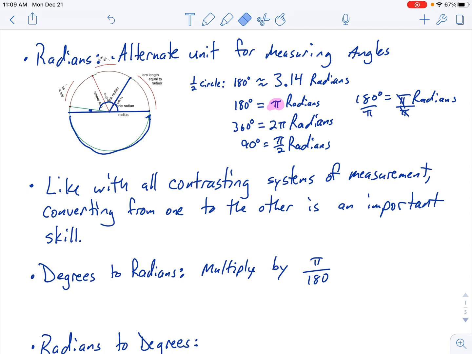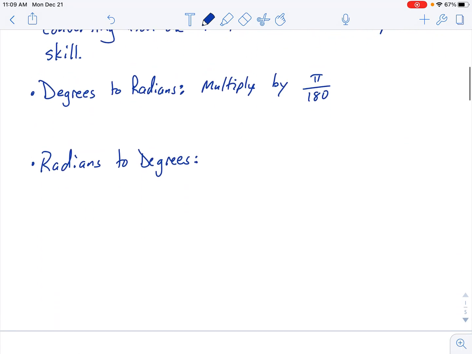On the other hand, if you divide both sides by 180, you get a conversion factor of pi over 180. So to convert degrees to radians, you multiply by pi over 180. Therefore, to do the opposite, radians to degrees, you multiply by, not the opposite, but the reciprocal, 180 over pi. And that's what you need to know.